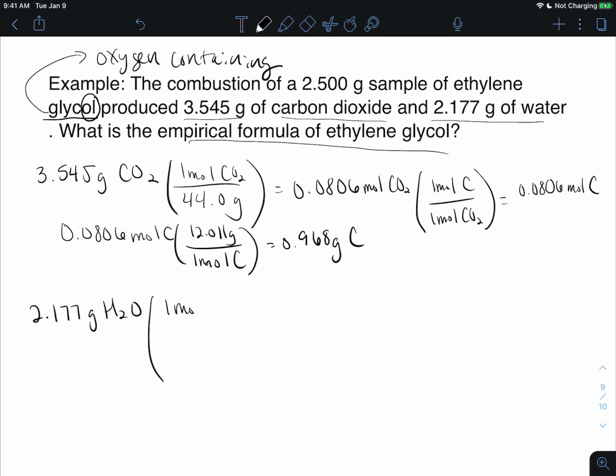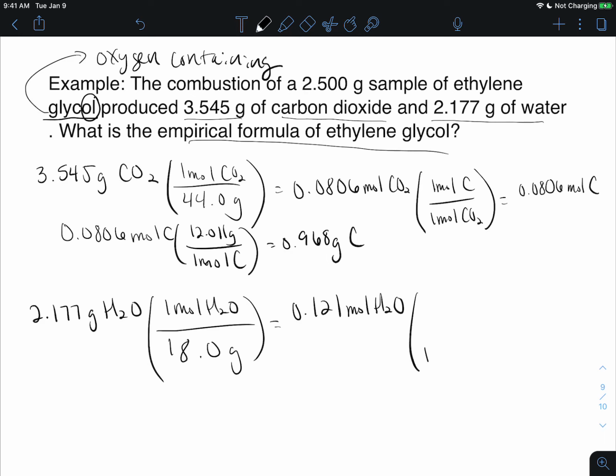Do the same thing for our water. So 1 mole of water has a mass of 18.0 grams. So we take our 2.177 divided by 18.0, and we get 0.121 moles of water. And now for every 1 mole of water, we have 2 moles of hydrogen.